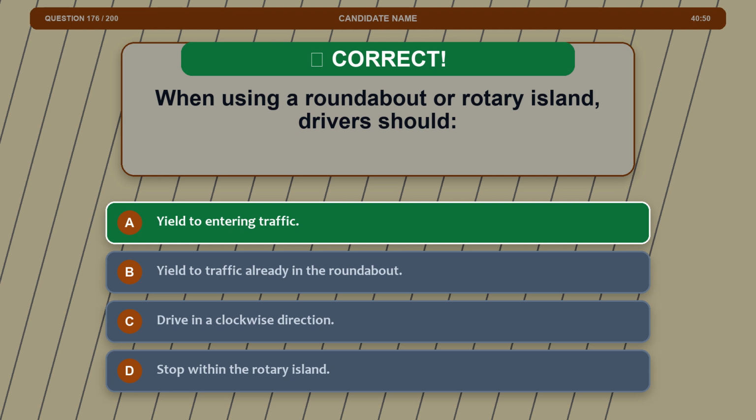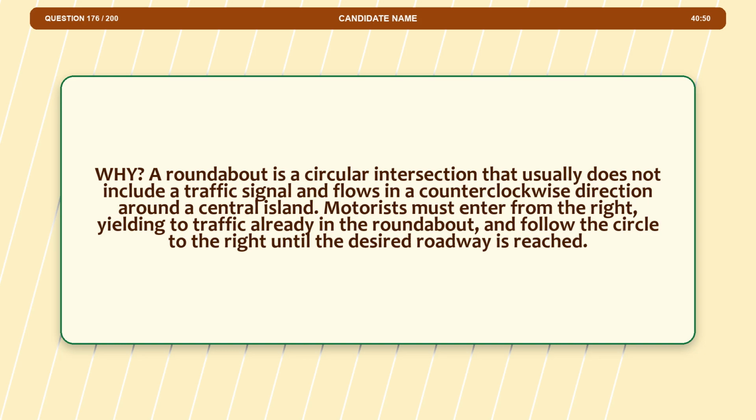The correct answer is option A, yield to entering traffic. Explanation. A roundabout is a circular intersection that usually does not include a traffic signal and flows in a counterclockwise direction around a central island. Motorists must enter from the right, yielding to traffic already in the roundabout, and follow the circle to the right until the desired roadway is reached.